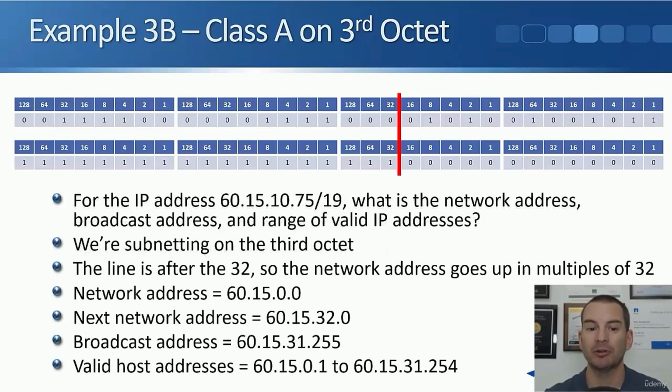Okay, this example we are subnetting on the 3rd octet. The other examples we've been subnetting on the 4th octet. The line is after the 32 on the 3rd octet, so the network block addresses are still going to go up in multiples of 32, but it's going to be on the 3rd octet rather than the 4th octet now.